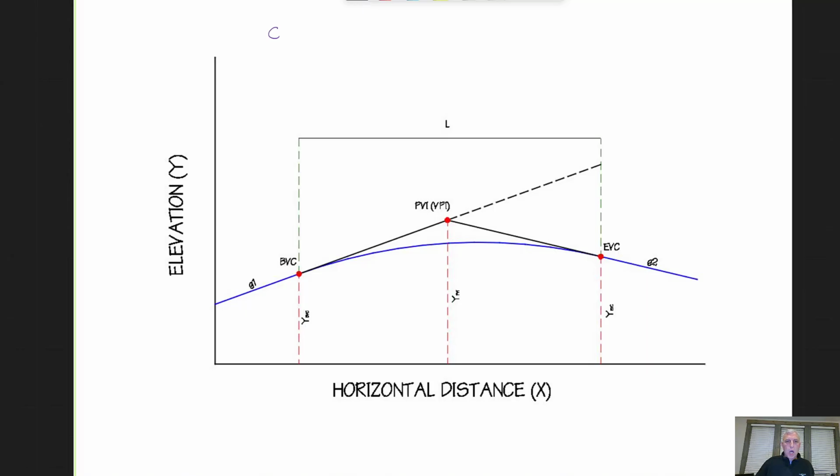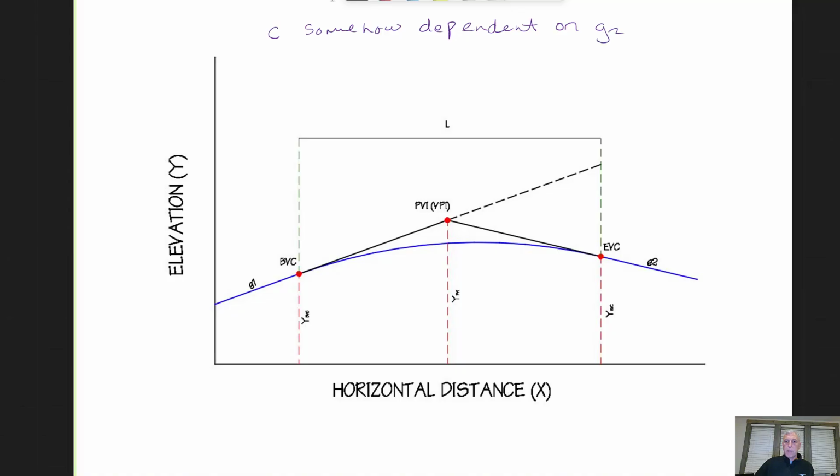We have this logical conjecture that our vertical curve equation, the curve equation we just looked at, makes no use of our outgoing grade, or G2. So our logical conjecture might be that C is somehow dependent to some degree on G2.